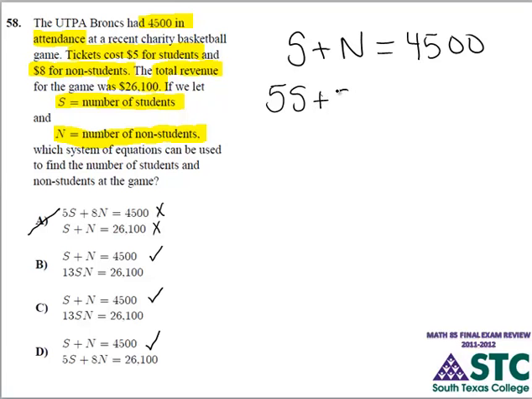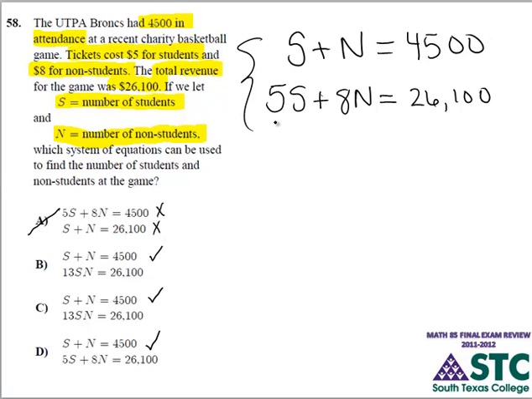And 8 times N would give us the revenue for the number of non-student tickets that were sold. And we know that the total revenue, if we were to add both of these, would equal $26,100. So now we have our system of linear equations set up, and now we can verify.